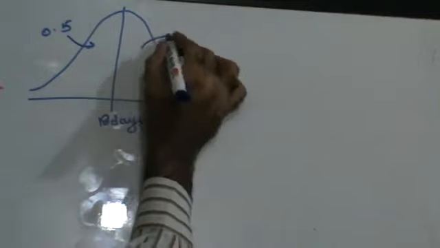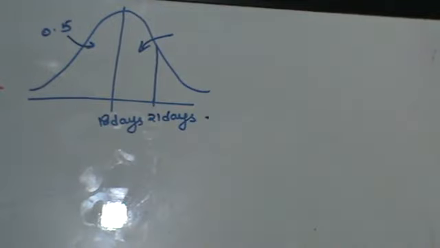I want to find out this area, for which they've given you a table: in some books it's on page 404, in some books it's on page 433, the normal probability table. Everyone's got your normal probability table. I want 1.26. To the extreme left, see 1.2, and in that particular row, go up to 6.